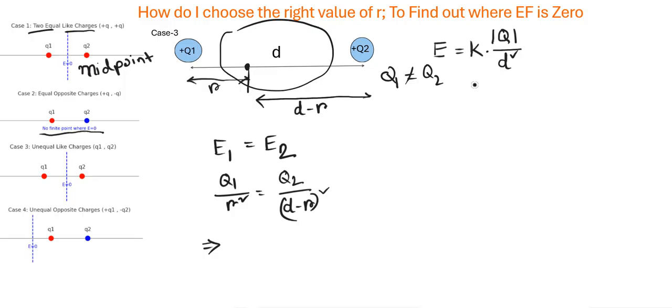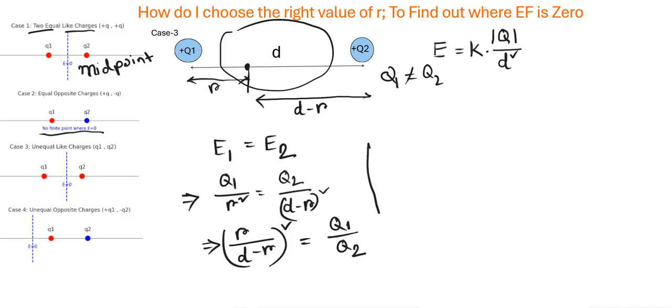As they are not equal, they are not cancelling each other this time. So R divided by D minus R whole square equals, this one will be Q1 and this one will be Q2.